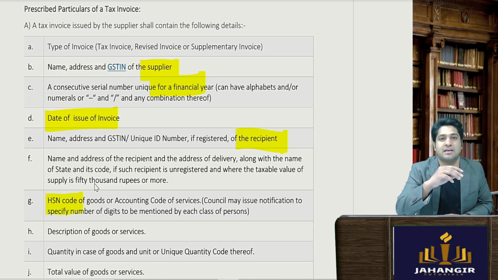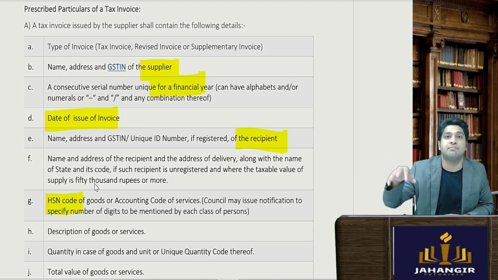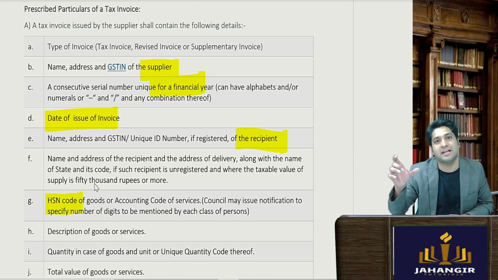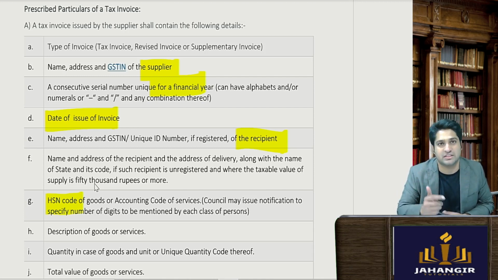So it might be 0061231. If I'm buying a notebook laptop, maybe it can have a different HSN number. I could have a 2-in-1 laptop, so it will have a different HSN number.